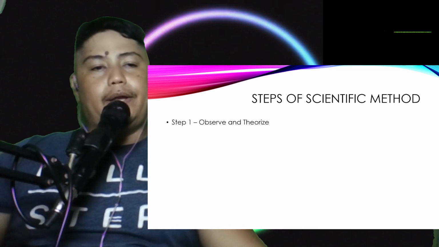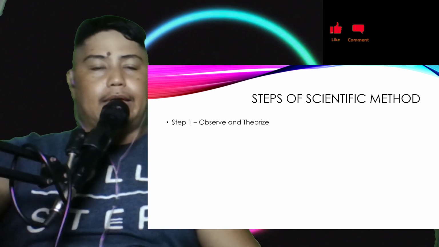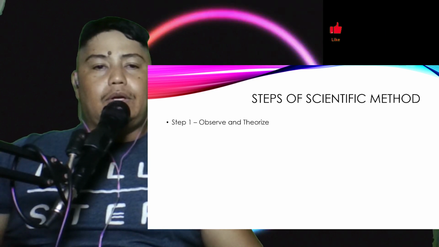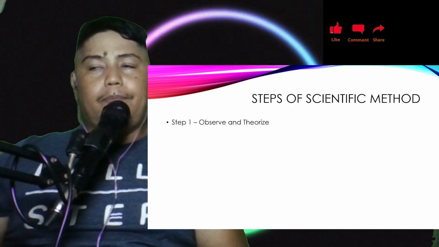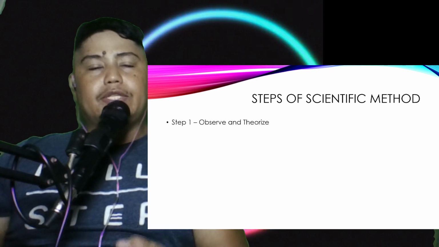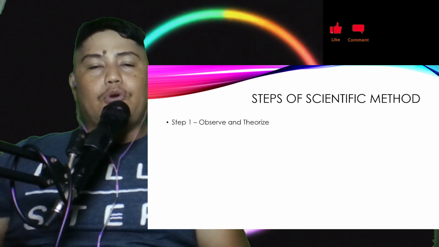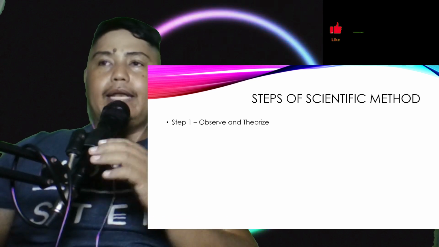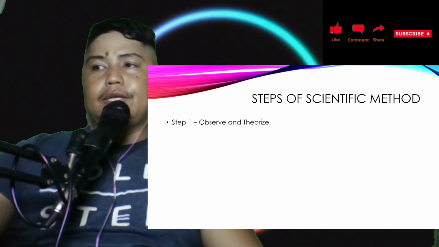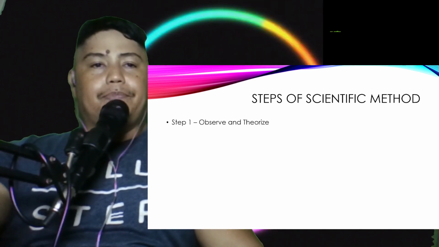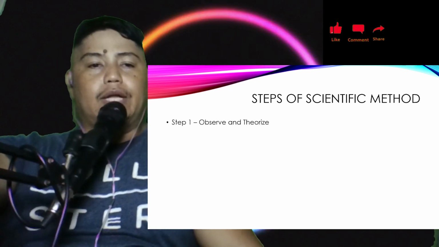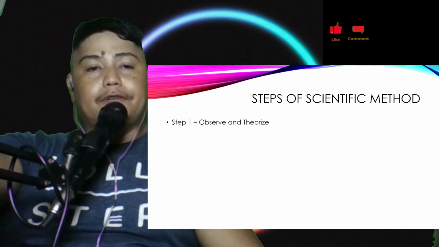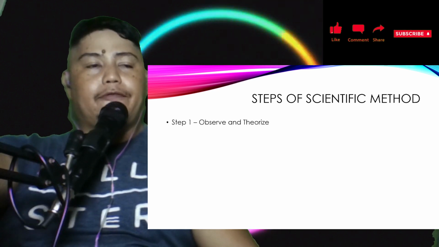So step one, observe and theorize. Before we conclude on something, we have to observe and theorize. First, there should be a problem or an issue, which I mentioned in the first video when we defined psychology.